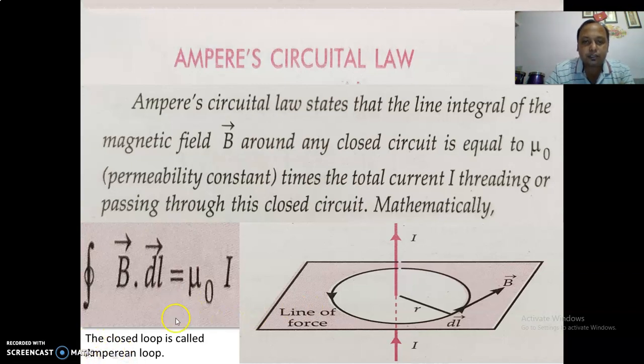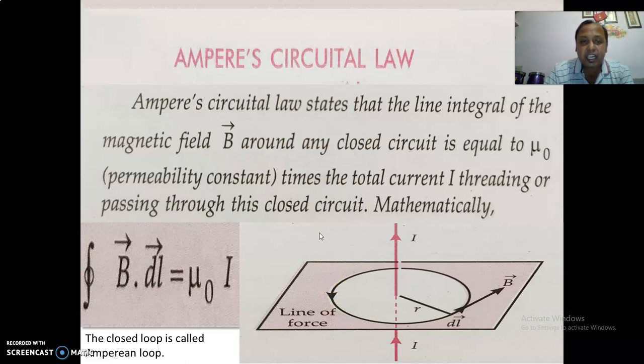If you recall, in the first unit of electrostatics, you have studied the Gauss theorem, where the closed surface in which the Gauss theorem is used is known as Gaussian surface. In the same way, the closed loop here is known as Amperian loop. I hope this is clear to you.